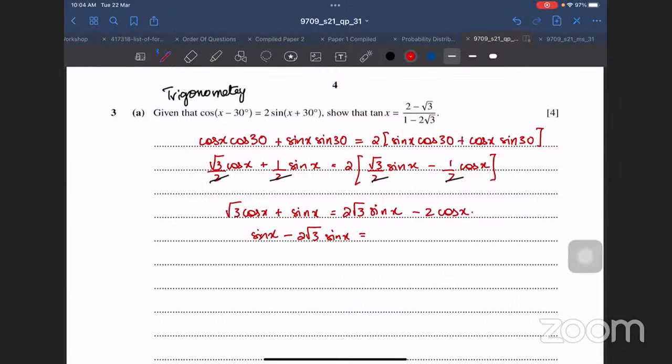This has to be a plus. So I get 2 cos x minus root 3 cos x, and sin x divided by cos x gives me tan x.